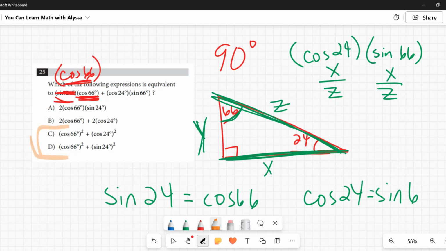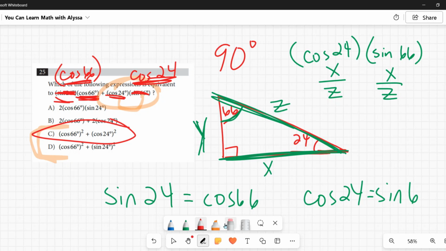Okay, so now we're looking at C and D. Cosine of 66 squared. That looks right, but what about the second part? Cosine of 24 times sine of 66. These are the same, so we could change either one. I can change this to be cosine of 24, or I could change cosine of 24 to be sine of 66. But because both of these are using 24, I'm going to go for the cosine of 24. And now I have cosine of 24 times cosine of 24, which is cosine of 24 squared. It is C.